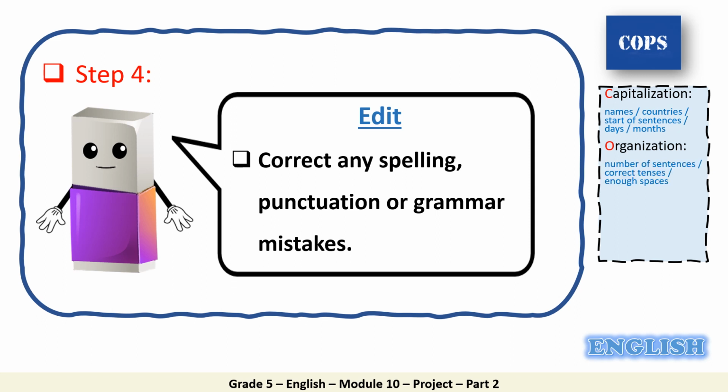Organization, number of sentences, correct sentences, and enough spaces. Remember punctuation: full stop, comma, question mark, and the last one is spelling. So here we are in the fourth step, edit. Let's go.